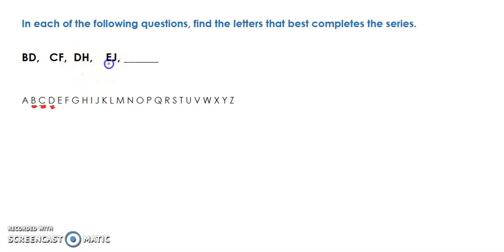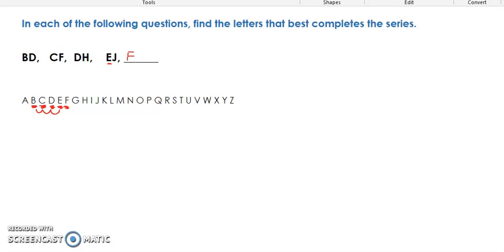And the next one is E. So what I'm noticing is that it is moving just to the next letter. So it goes B to C, C to D, D to E, and therefore it makes sense that the next one is going to be F. So I just put F there. Okay? So we've done the first letter.